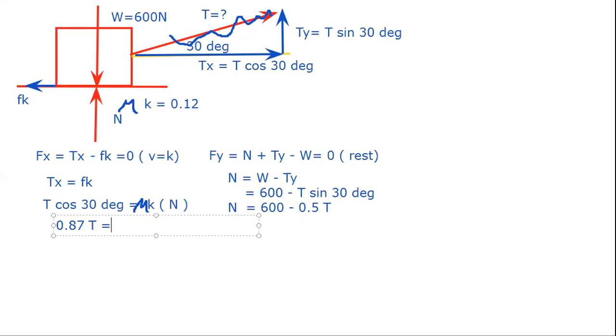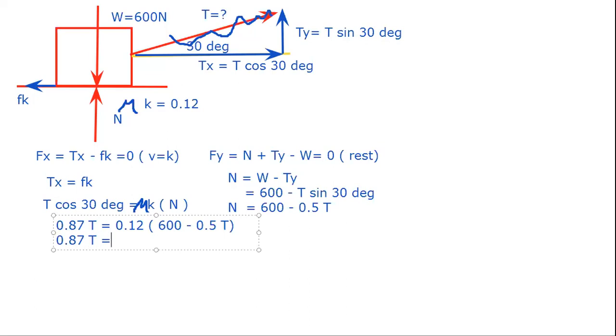And now we will write mu, being 0.12. We multiply our mu of 0.12 by n, and we know n to be 600 minus 0.5t. Then we do the product and distribute. We stay with this as 0.87t.